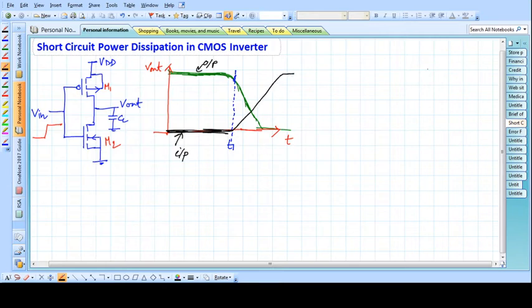This is also the input. Okay, so the output will be like this, and after that it will move again.